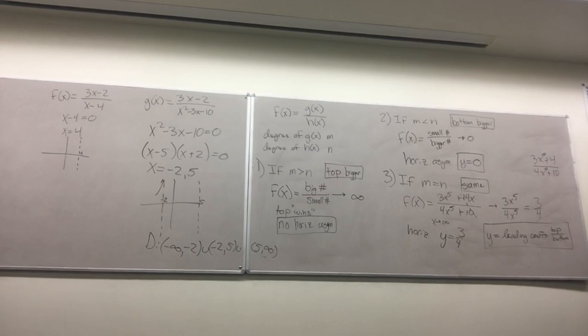Let's start off with the vertical. How do we find that? Set the bottom equal to 0. So x squared minus 6x plus 8 equals 0. How does that factor?